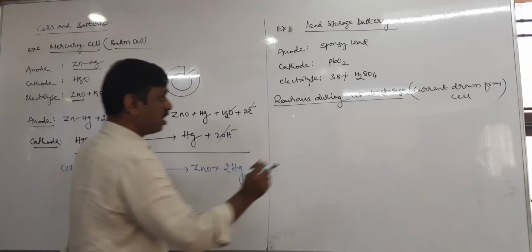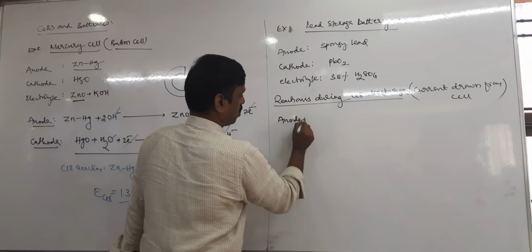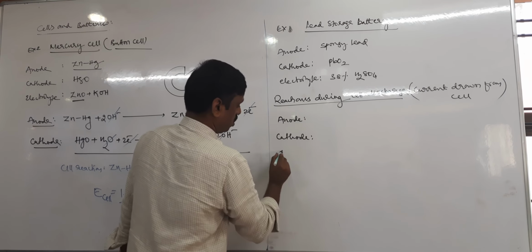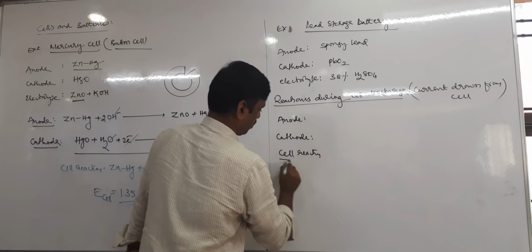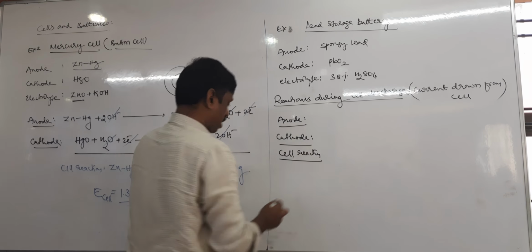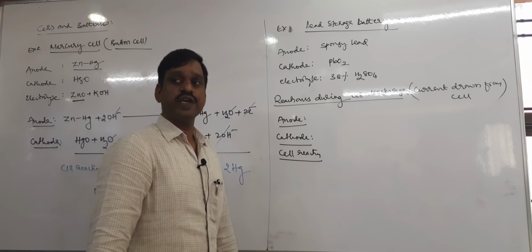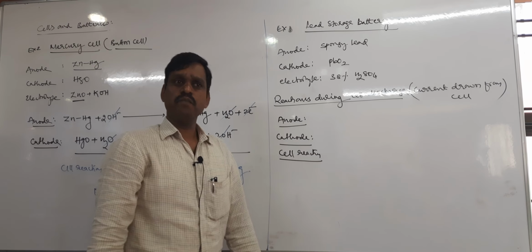Okay, when the cell is discharged, what is the reaction at the anode and the reaction at the cathode? Cell reaction. Come on, tell me. First one, reaction at the anode. Which is the anode here? Sponge lead. Lead only, sponge lead.